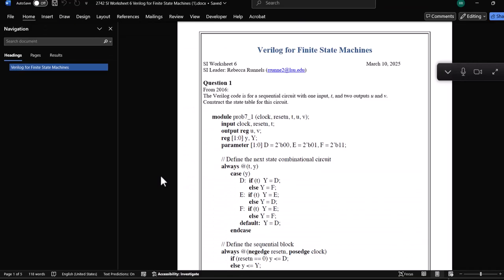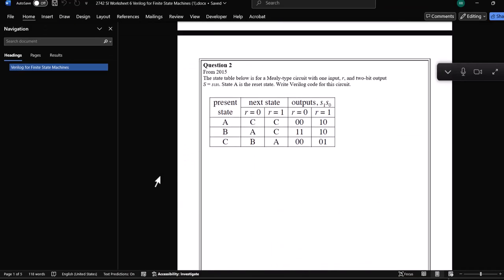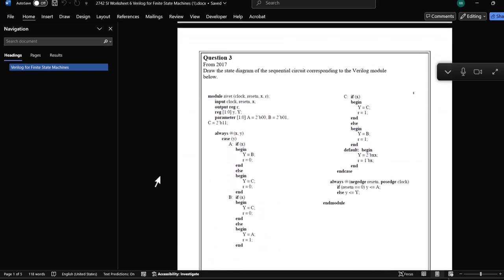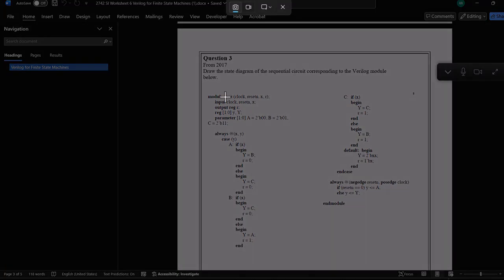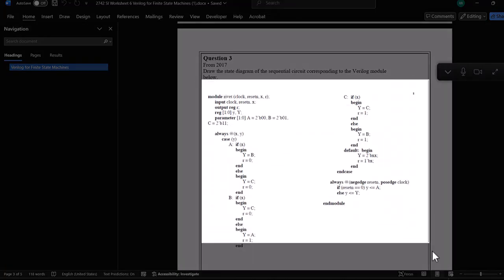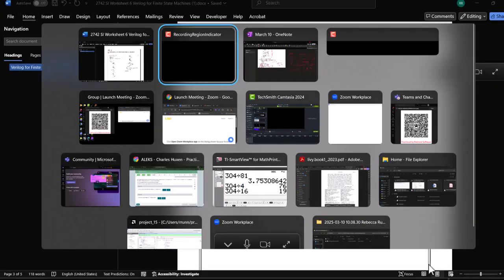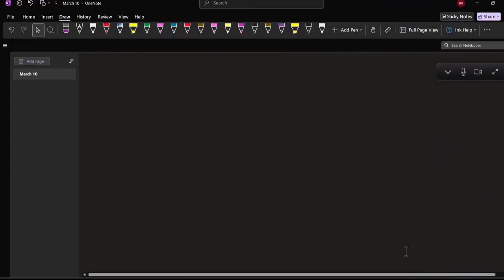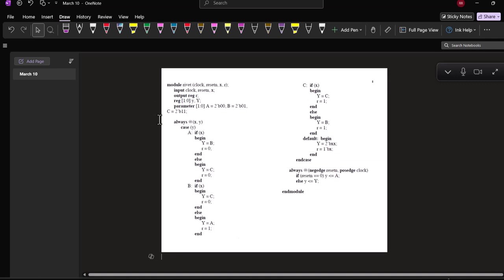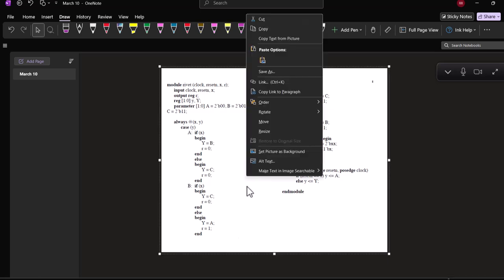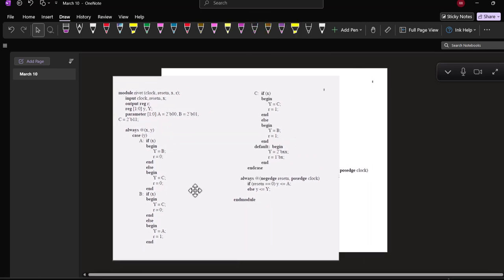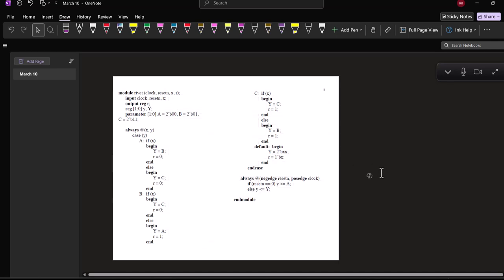So I want to skip 2 for now, and I want to go to 3. And for 3, it says to do a state diagram.